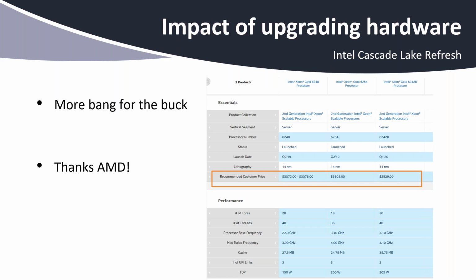And if we now look at the refresh series, we can get a 20 core, so 2 cores more, at the same clock speed, 3.1 gigahertz, for $1,300 less, so just $2,500. That's an insane difference.